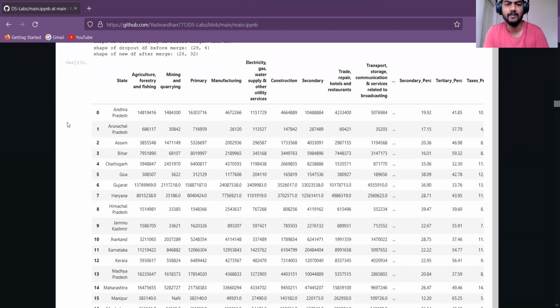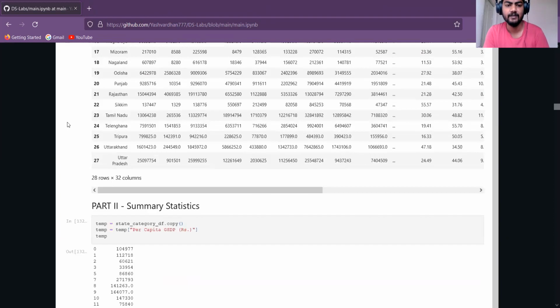we calculate the GDP. We calculate how the primary sector, secondary sector, and the tertiary sector contribute to the GDP for each state.